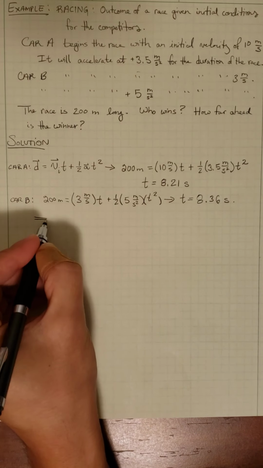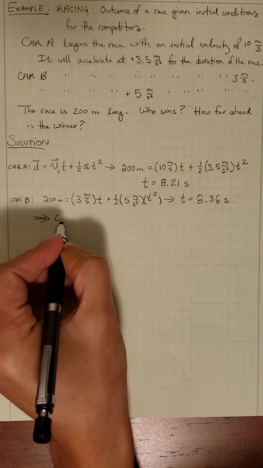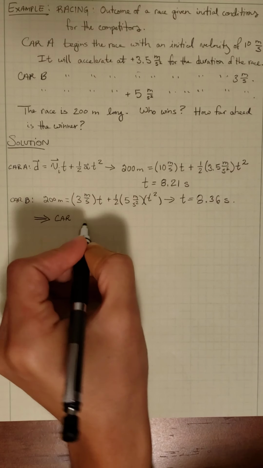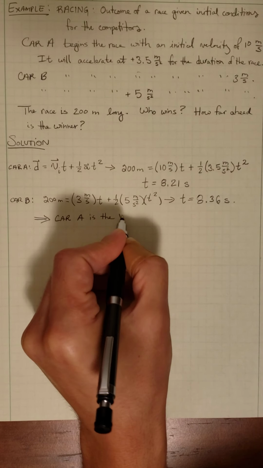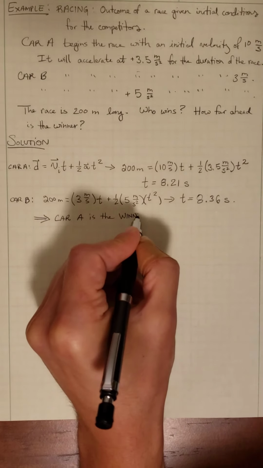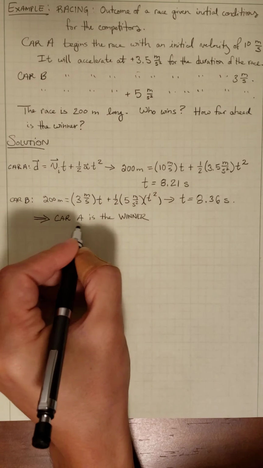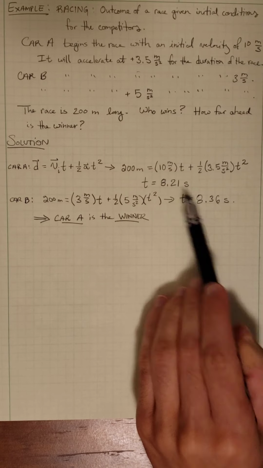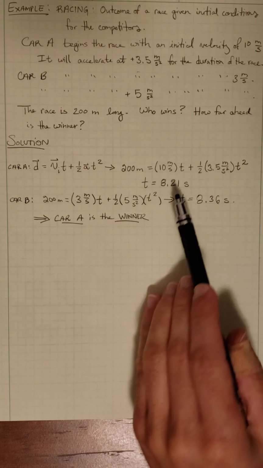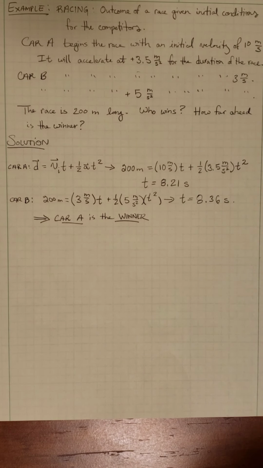So car A is the winner. Because it got to the finish a little bit more than 1/10 of a second sooner.